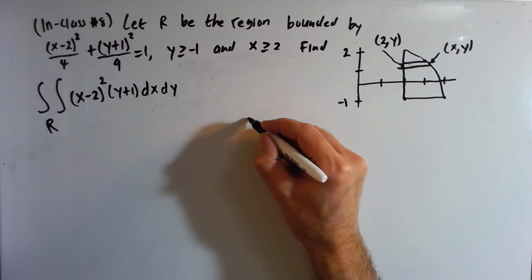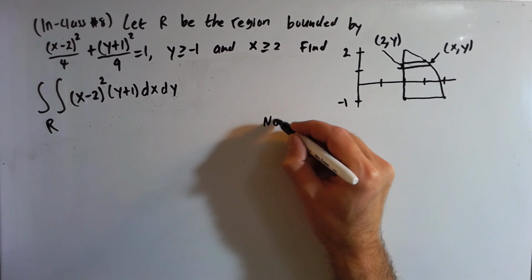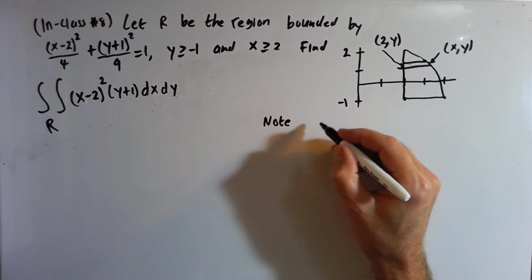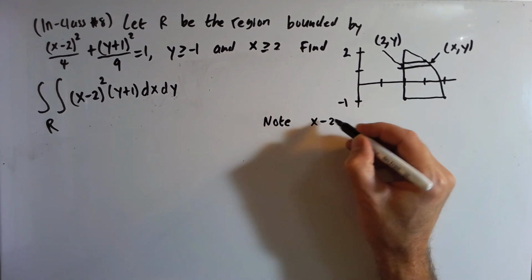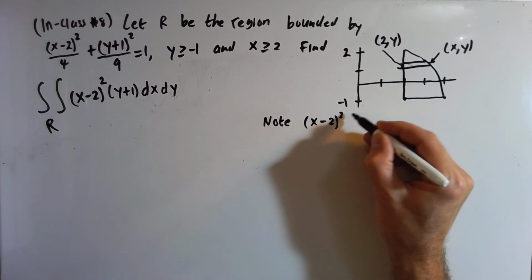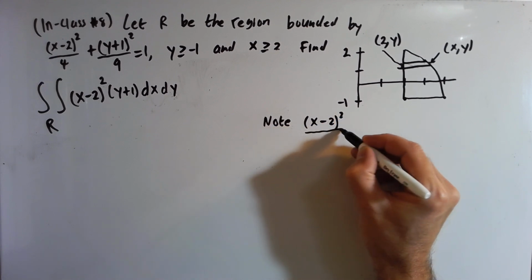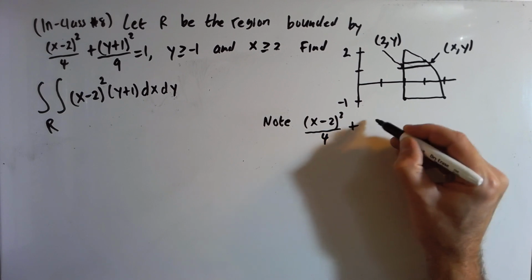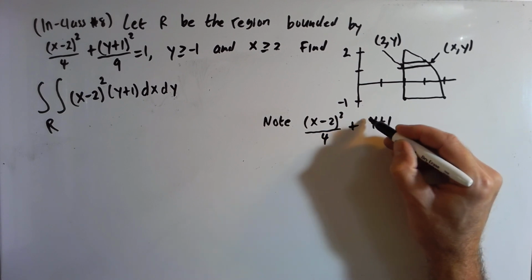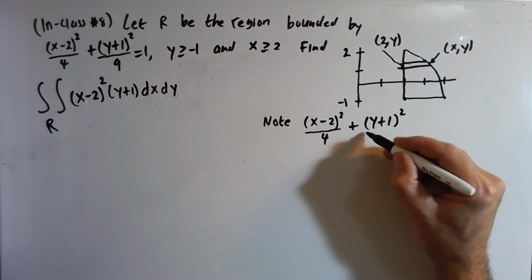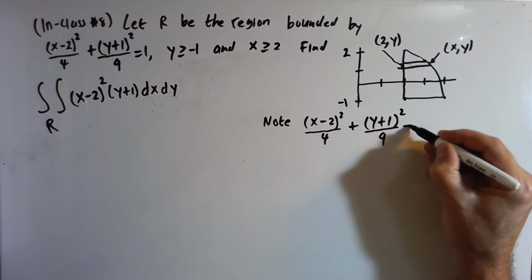We're going to be using our ellipse, because this point is on the ellipse. So we'll have (x minus 2) squared over 4 plus (y plus 1) squared over 9 equals 1.